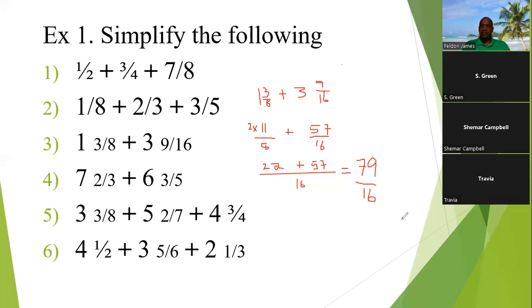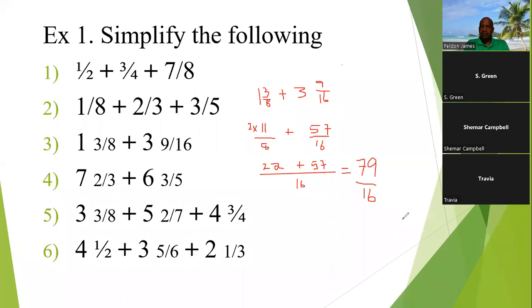How many times can 16 go? 4. 4, sir. Is it only 4? 4 times 16 gives you what? Oh God, 64, right? Take 64 from 79.